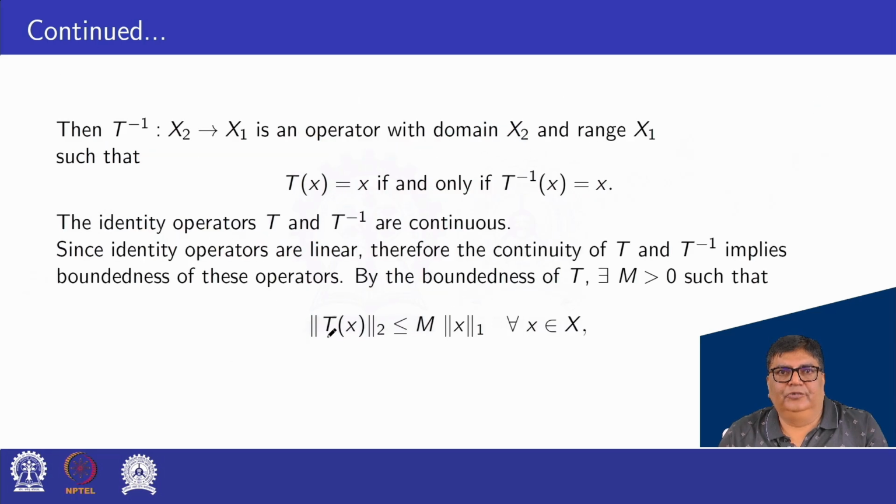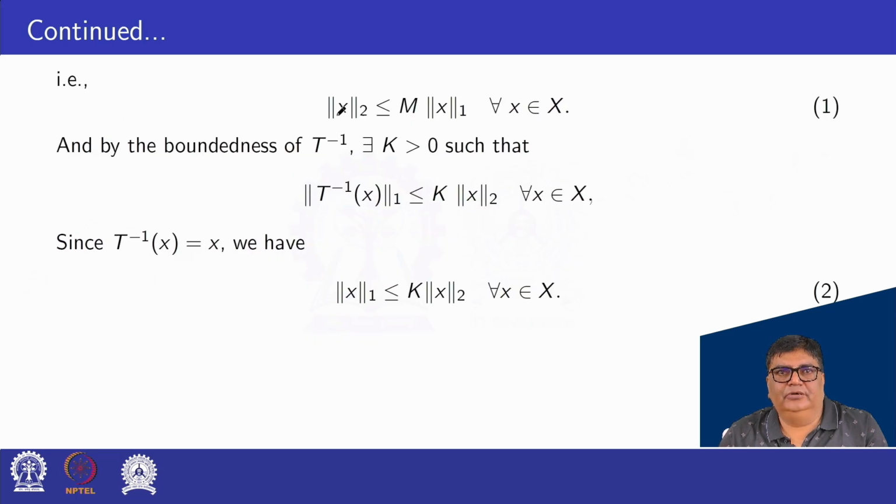Putting the value Tx equal to x, that is norm x2 less or equal to m norm x1. And for the boundedness of T inverse, let k be greater than 0, that is positive, such that norm T inverse x under 1 is less or equal to k norm x under 2.